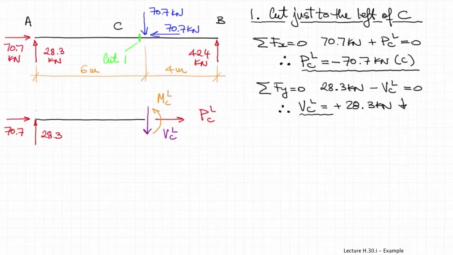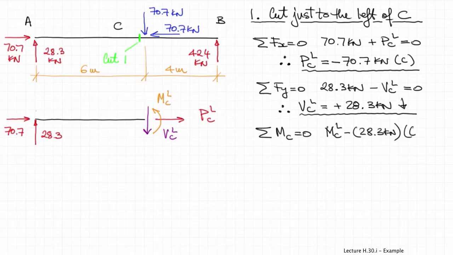So that's positive 28.3 kilonewtons going down on the left-hand side free body diagram. And sum of the moments at point C equals 0 will solve for the moment at C on the left-hand side of the force, equal to plus 169.8 kilonewton meters, rotating counterclockwise.